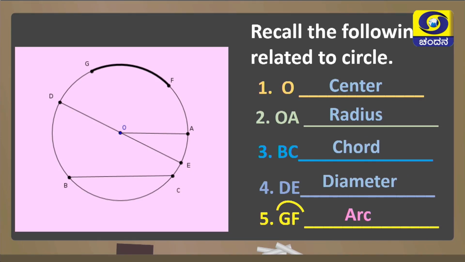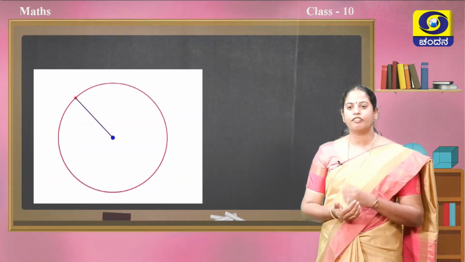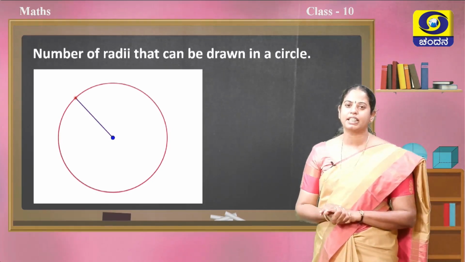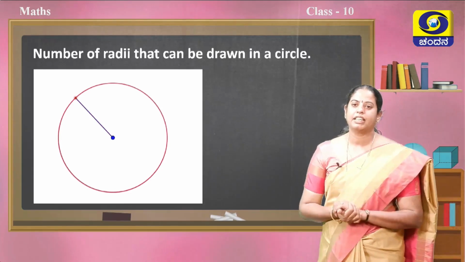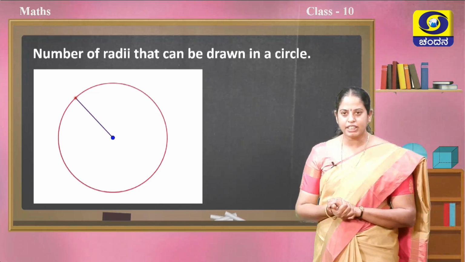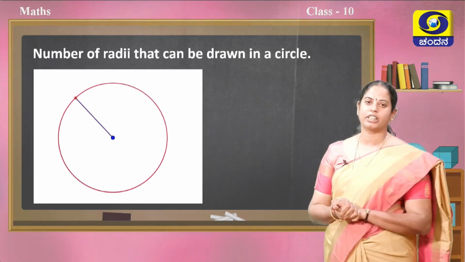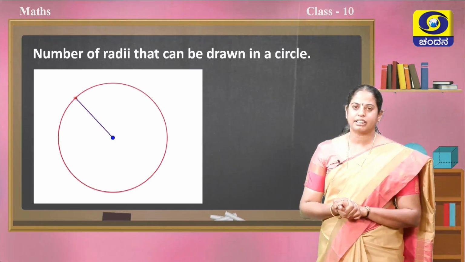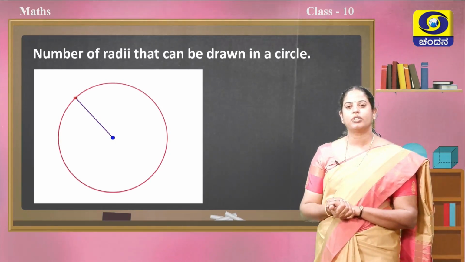So, next we will recall a few more concepts related to circles that we have studied in the previous class. Then we will start learning the terms and concepts in this standard. How many radii can be drawn in a circle? Observe this video, children.